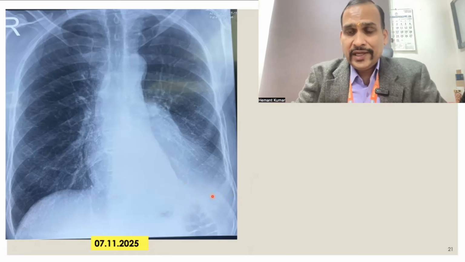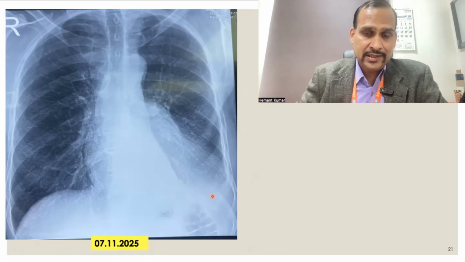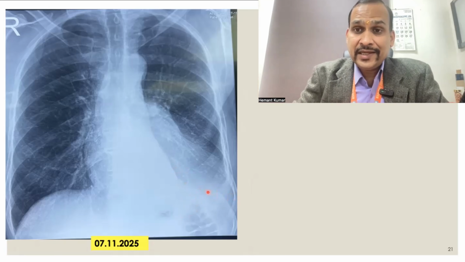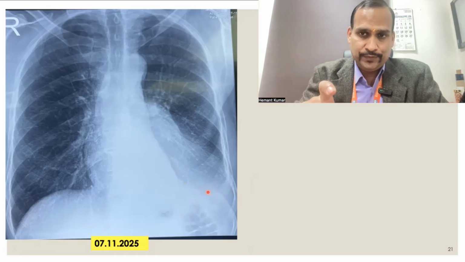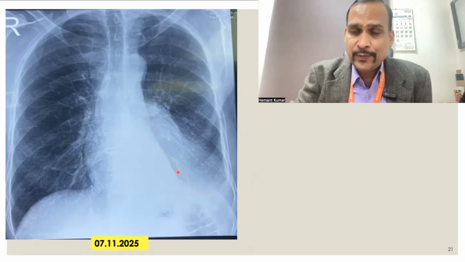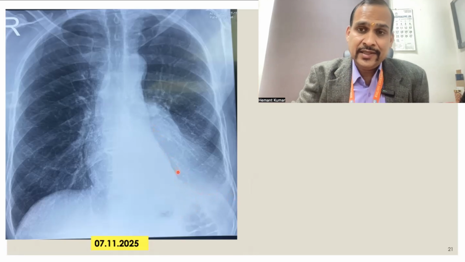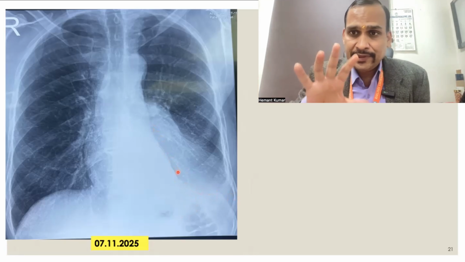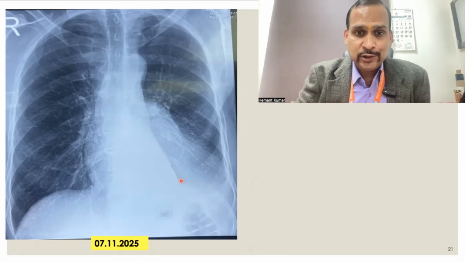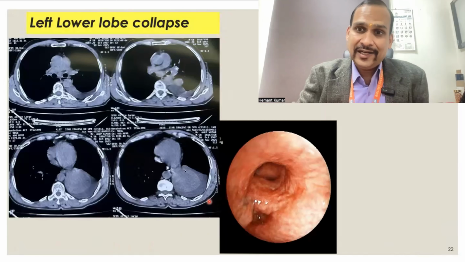Okay, so as I told you in previous classes, if any opacity is silhouetting the heart border, it means it is in the anterior lobe, I mean upper lobe. If it is not silhouetting the cardiac border, it is in the lower lobe. So this is opacity in the posterior lobe of the left lung.